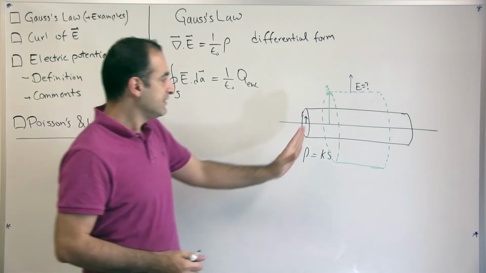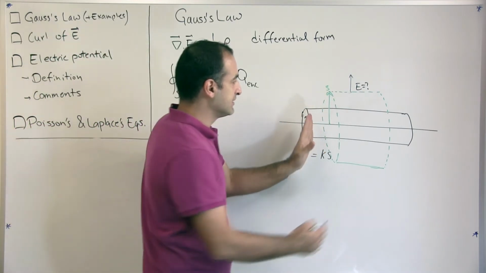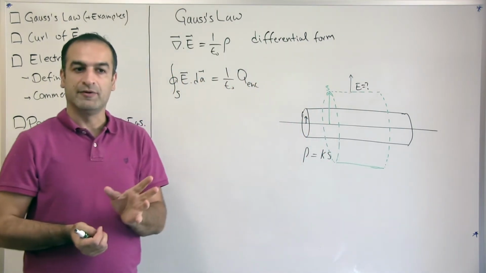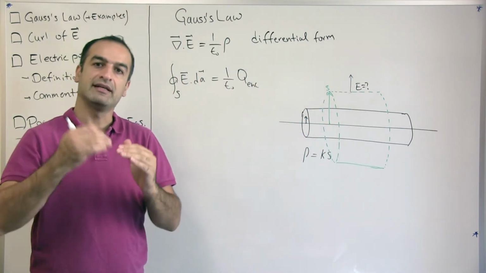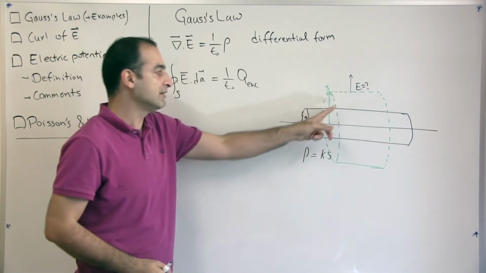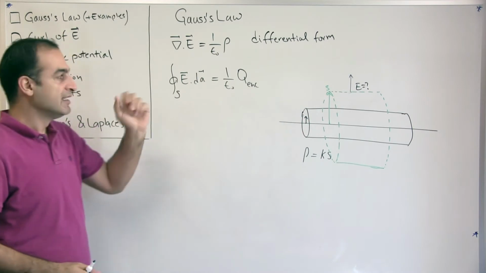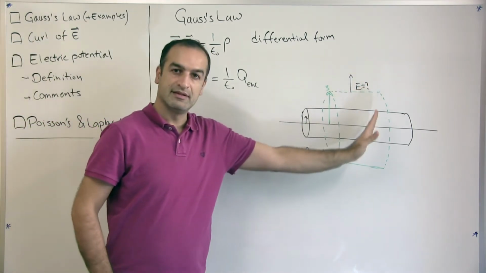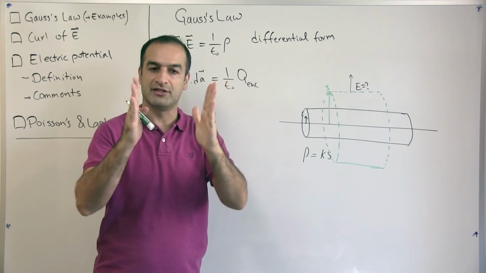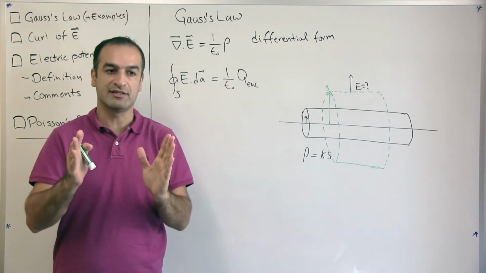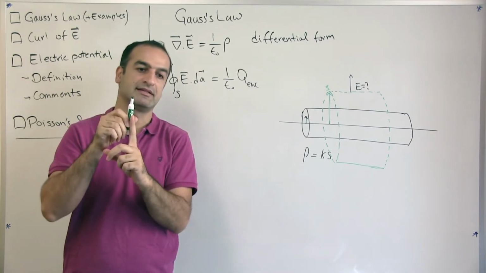And the electric field on the circles, on the sides of the cylinder, is non-zero. It has a certain value and it depends on the distance from the center, but the point is that it's parallel to the surface. So the integral of E dot dA on the sides of the cylinder just vanishes. It's zero. The electric field is not zero, but it is parallel to the surface.